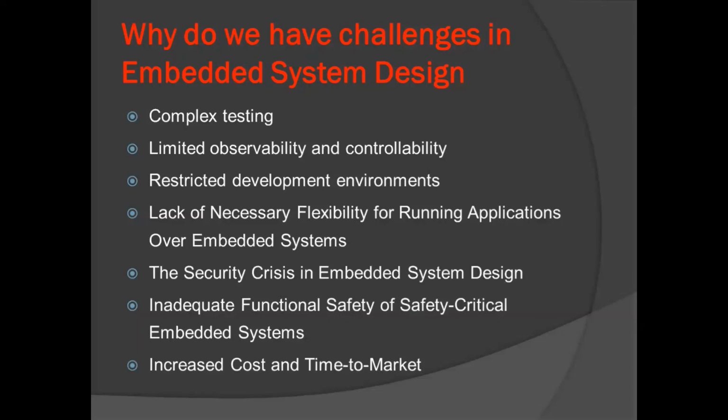Functional safety means the functions we have developed inside a particular embedded system should work properly. And if they do not work properly, what safety-critical issues are going to be created? That is what functional safety is all about. So we have to be very careful when we deploy an embedded system for bigger electromechanical systems.